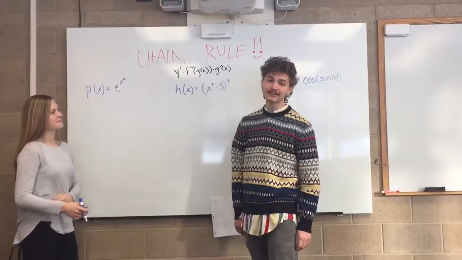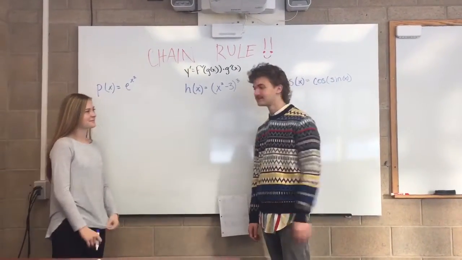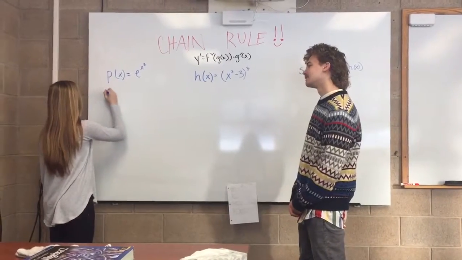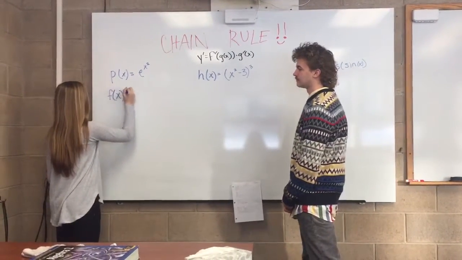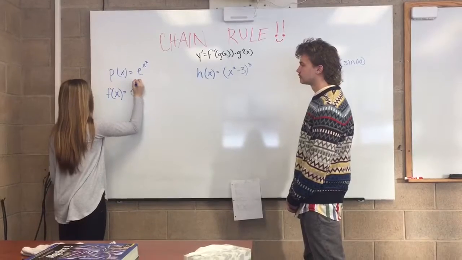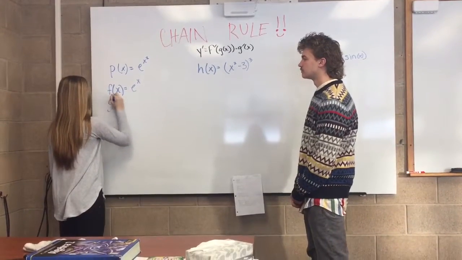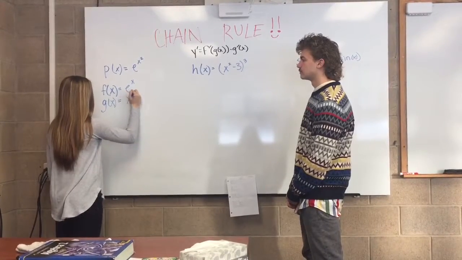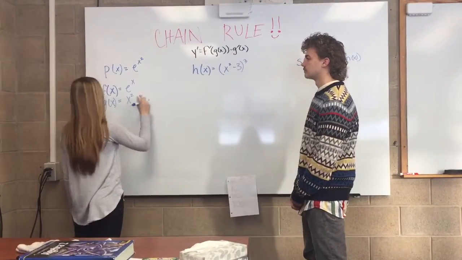And now we're going to work on some more chain rule problems. Sarah? Yeah, so we're going to start over here. So first we're going to take the outer function, f of x, which is e to the x, and then the inner function, g of x, which is x squared. And then we're going to find the derivative of both of these.